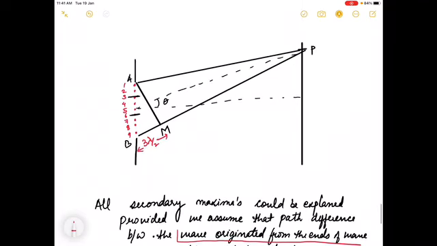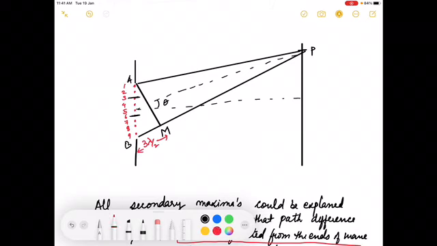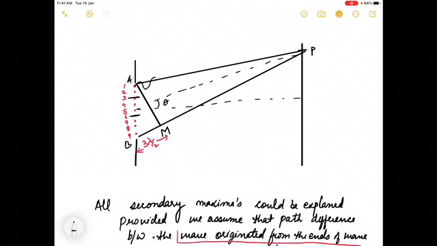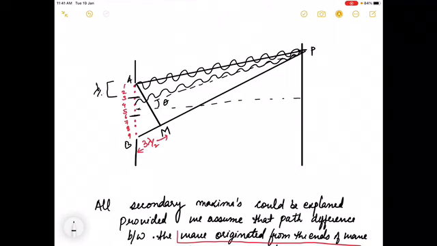So let's say the first wave is going and it is reaching the point P, right? And from the fourth, the next wave is going and it is reaching the point P, right? Now remember, from the first and from the fourth, we can clearly see, if I divide into 3 groups, this will be lambda by 2, the path difference for the next part is lambda by 2, and the path difference for the next will be lambda by 2.